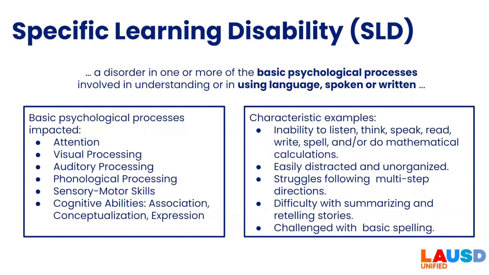According to the California Code of Regulations, specific learning disability, or SLD, means a disorder in one or more of the basic psychological processes involved in understanding or in using language, spoken or written, that may have manifested itself in the imperfect ability to listen, think, speak, read, write, spell, or do mathematical calculations, including conditions such as perceptual disabilities, brain injury.